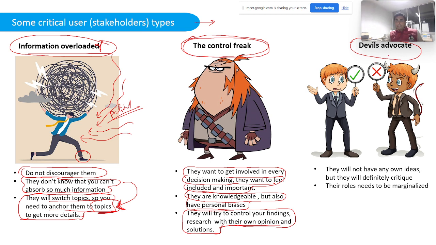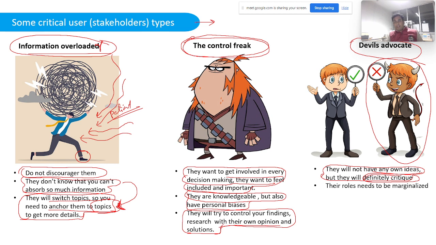The third type is the devil's advocate. These also exist among the stakeholders and users who generally do not have any information or ideas, but they definitely will critique whenever you try to make some positive statement.